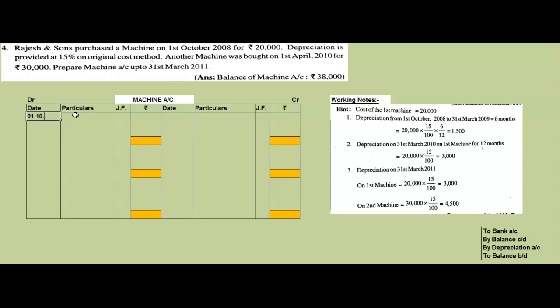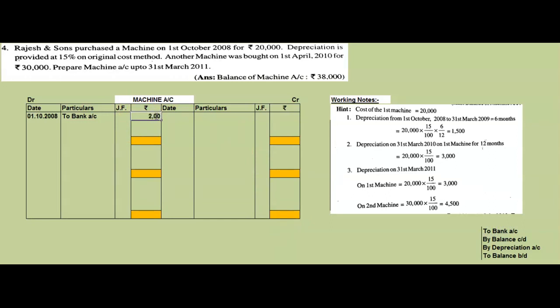What is the year? 2008. 1st October 2008. What you have to take here? To what account? Bank account. So we'll write here to bank account. What is the amount of purchase?